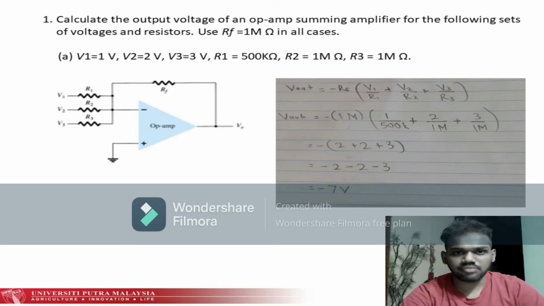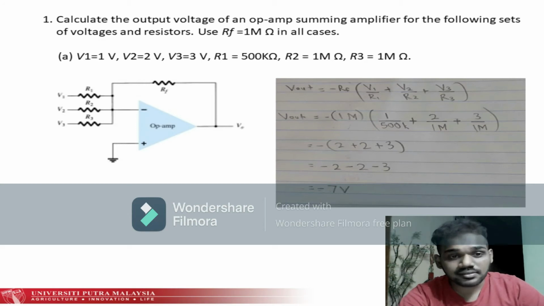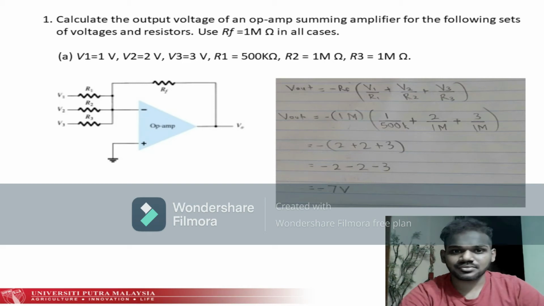If we refer back to the question, it is clearly mentioned that this is a summing amplifier. And we have gone through all the types of operational amplifier and their respective output formulas. Based on the diagram, there are three input voltages connected to the inverting input.